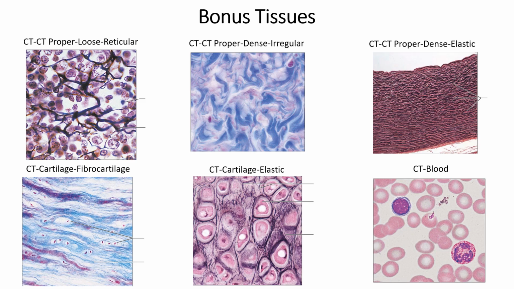For connective tissue proper, dense, irregular, notice we don't see a lot of cells. We see maybe 1, 2, 3, 4 that we can clearly make out. We don't see a lot of ground substance. Remember the white or the really light, pale coloration would be ground substance.